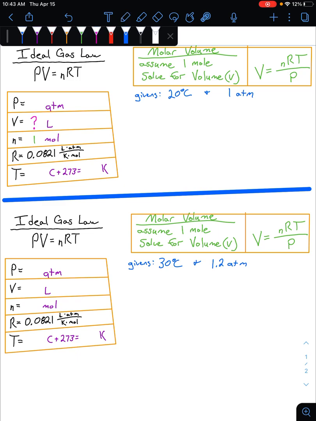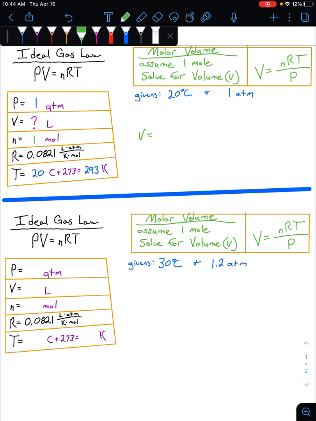And then we need our givens. We have 20 degrees Celsius. This is approximately room temperature. And 1 atmosphere, sea level. So plug those in. We've got 20 degrees Celsius plus 273 is 293. And atmosphere's pressure, 1. Now all we have to do is plug and chug.